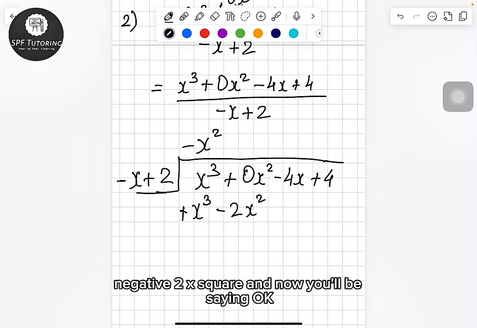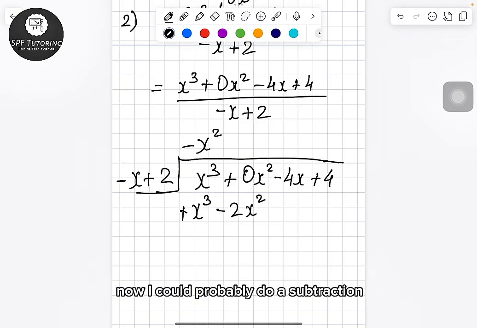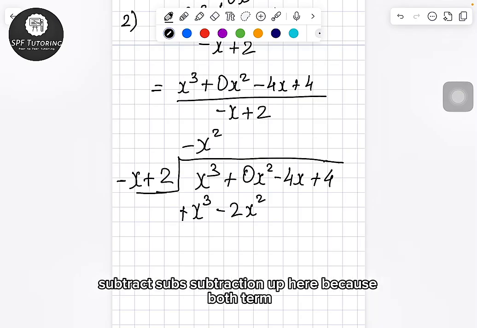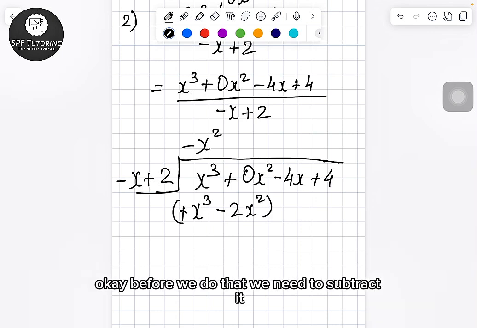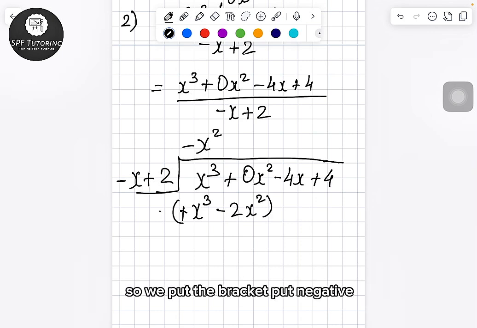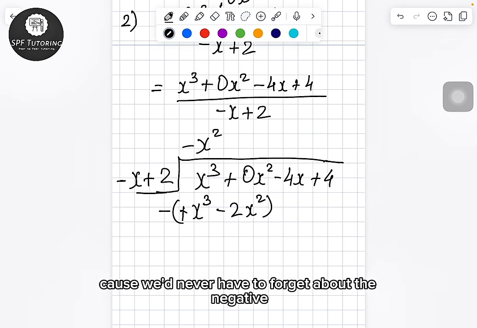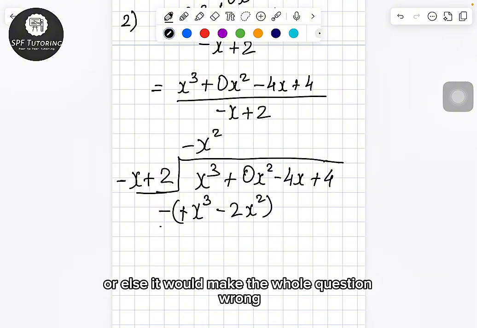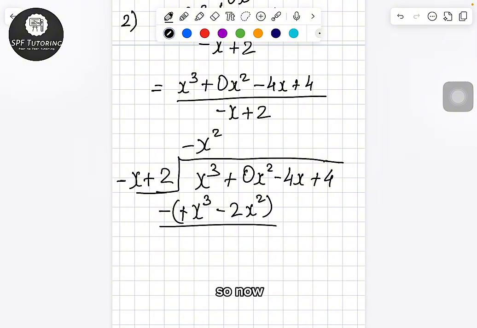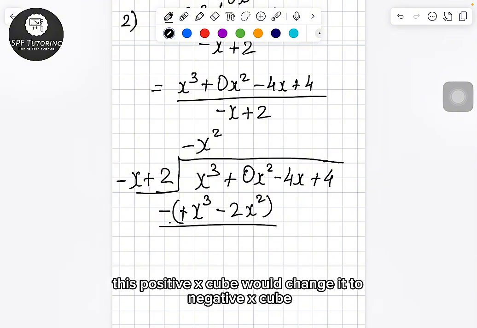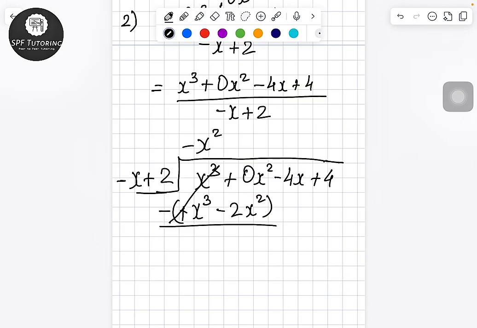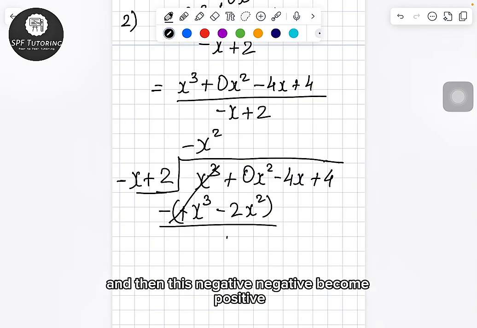And now you'll be saying, okay, now I could probably do a subtraction up here, because both the variables are the same, x squared. Before we do that, we need to subtract. So we put the bracket, put a negative, because we never forget about the negative, or else it would make the whole question wrong. So now this positive x cubed changes to negative x cubed, cancels out, and this negative becomes positive.